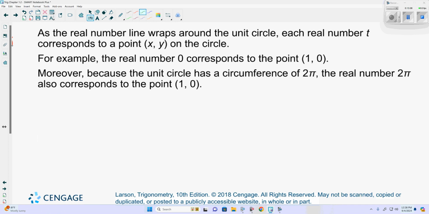As the real number line wraps around the unit circle, each number t corresponds to a point x, y on the circle. For example, the real number 0 corresponds to the point 1, 0. Moreover, because the unit circle has a circumference of 2 pi, the real number 2 pi also corresponds to the point 1, 0.